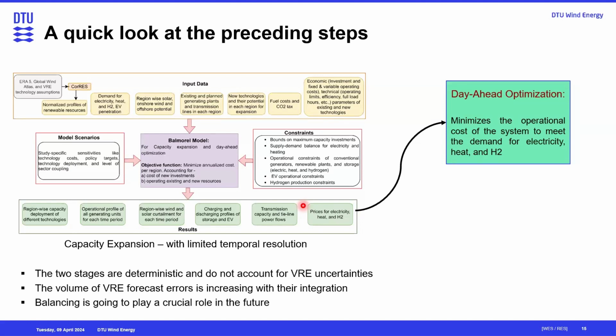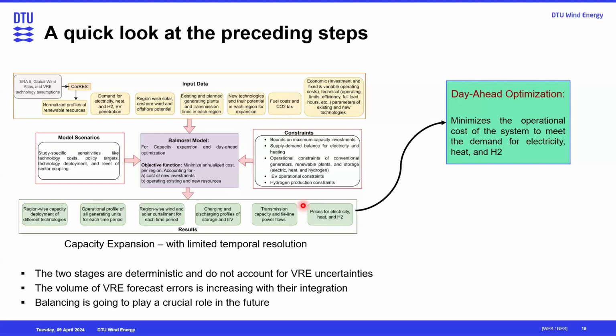So all of these are positions in your scenario. And then come all the constraints, like how much the transmission lines can carry, the technical constraints of the EVs or the conventional generation, their maximum and minimum, and hydrogen production constraints, like if you are producing hydrogen, how much can you store, and so on.